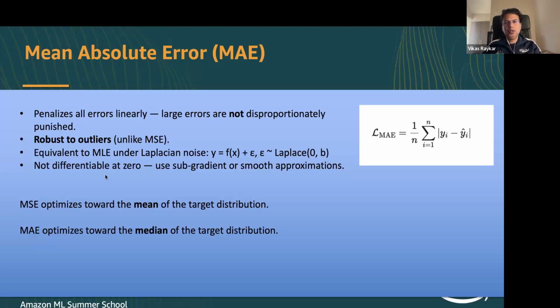One thing to notice is that MAE is not differentiable at zero, but in practice we use subgradient or smooth approximations. A side note: mean squared error optimizes towards the mean of the target distribution, whereas mean absolute error optimizes towards the median of the target distribution.